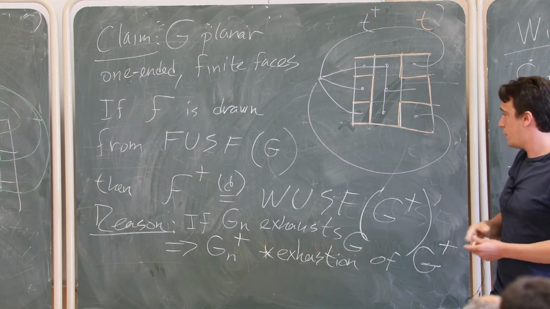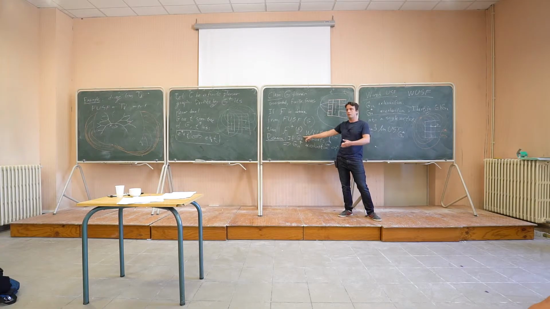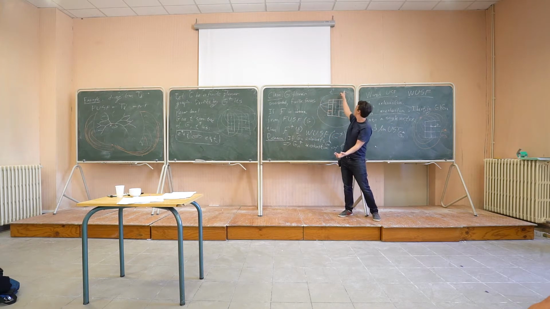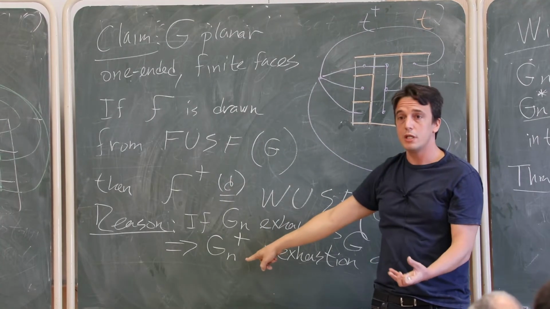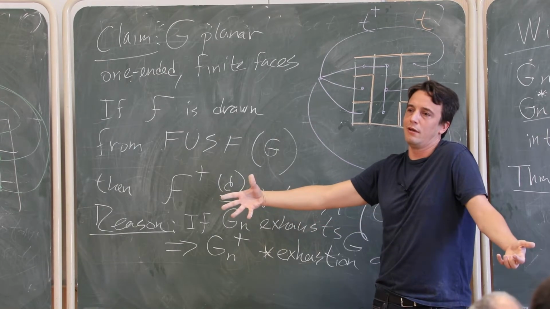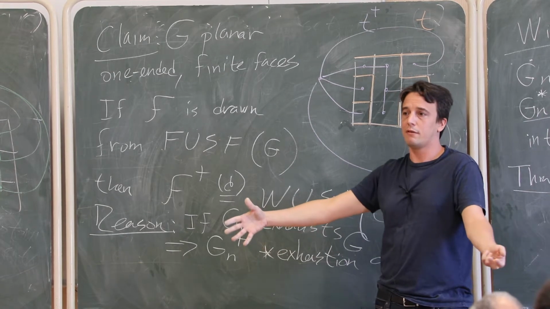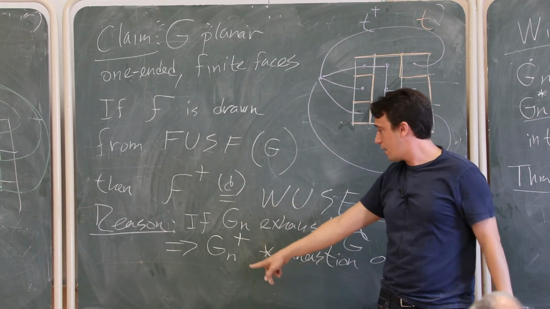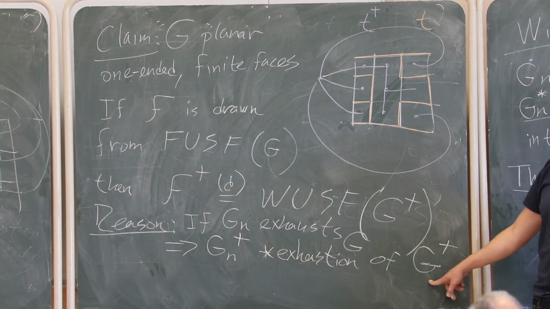So if you take a uniform spanning tree T in Gn and take its dual, T cross is a uniform spanning tree of Gn cross, right? And this converges. This is just the definition of the limit in the wired case, the definition of the wired uniform spanning forest of G cross.